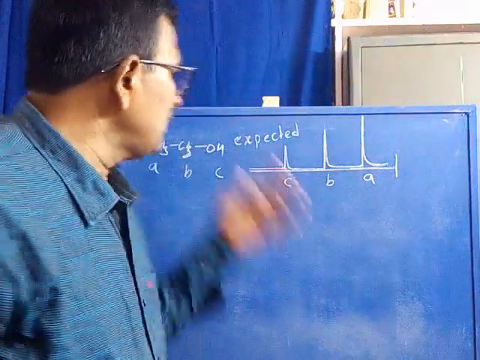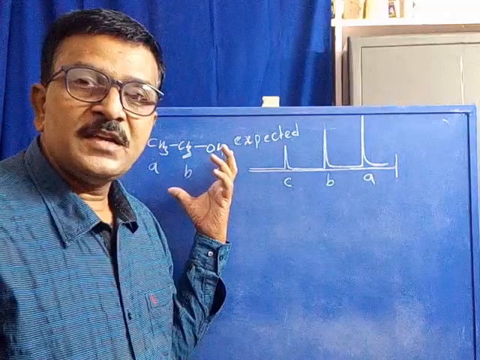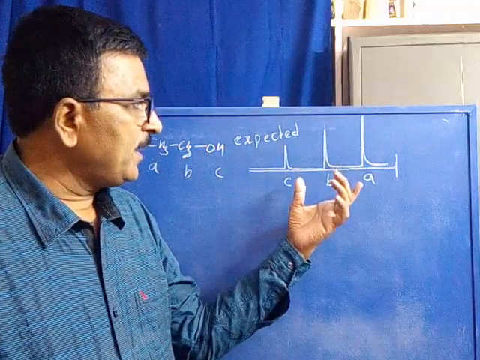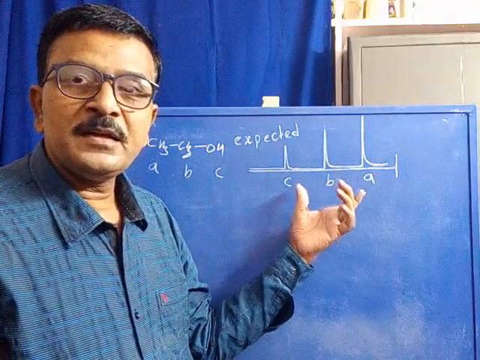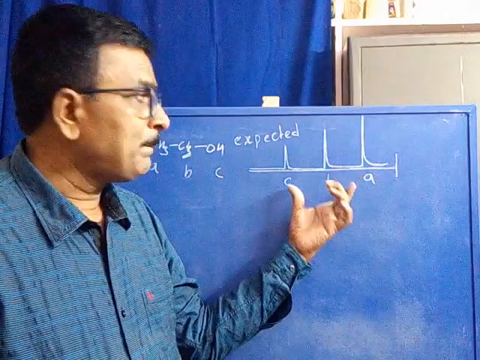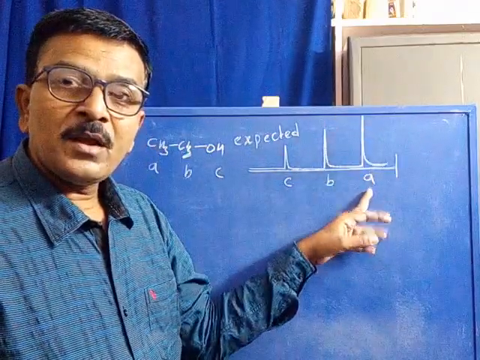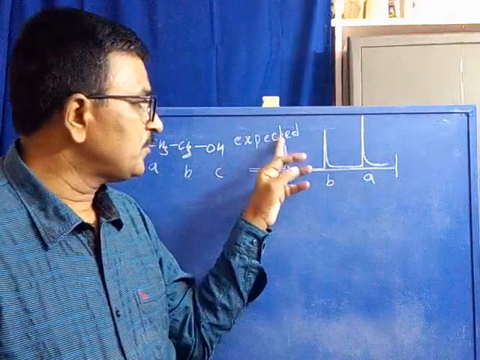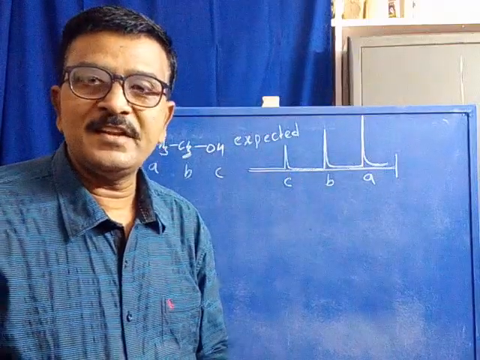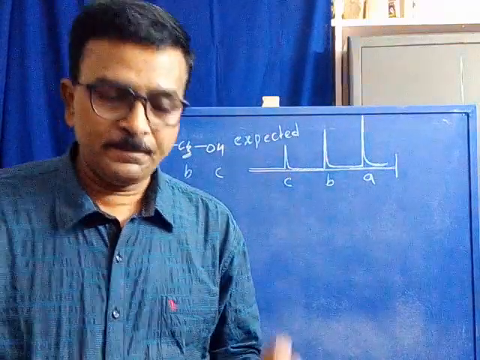Now, this is the molecule we considered for the study, and we expected its spectrum to appear like this. One line for A proton, second line for B proton, third line for C proton. Is it clear? Coming to our topic.